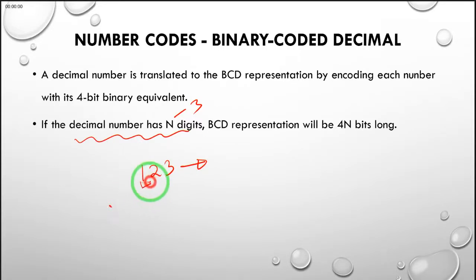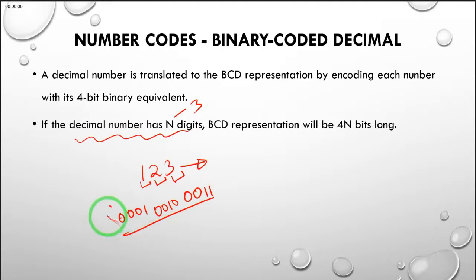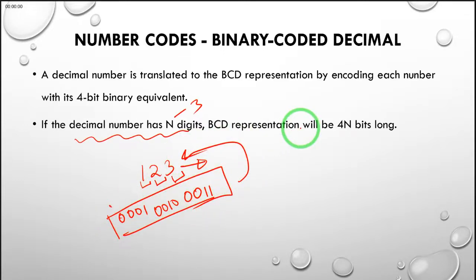Rather, we will represent each of these digits using 4-bit binary representation, such that 3 is represented by 0011, 2 is represented by 0010, and 1 is represented by 0001. So this forms the BCD code that represents 123.